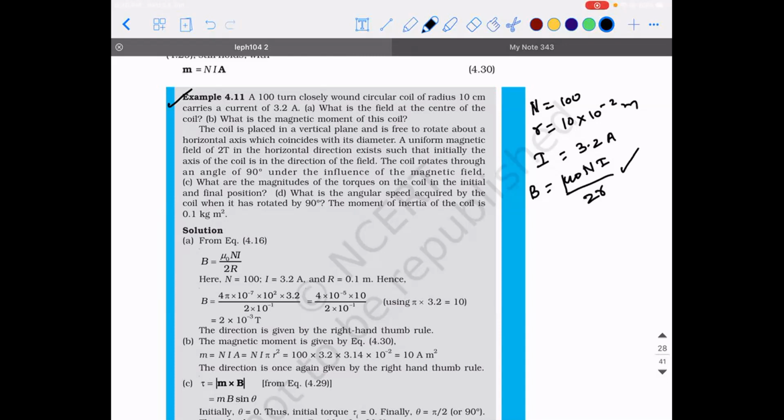What is the magnetic moment of the coil? What is the formula for magnetic moment?